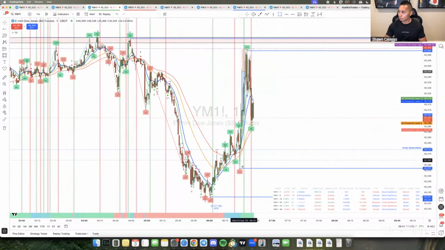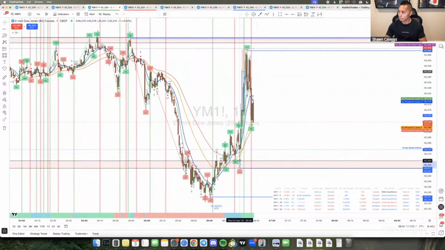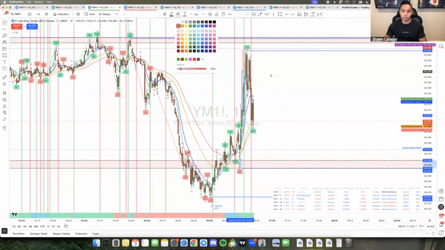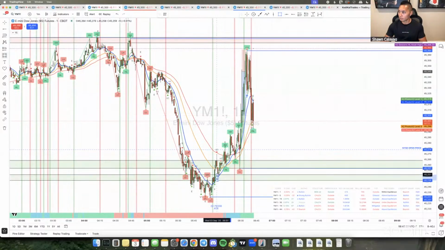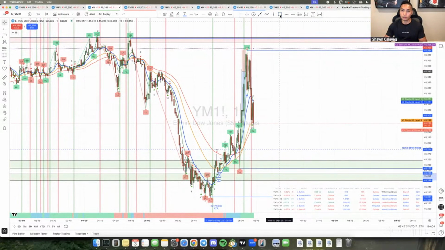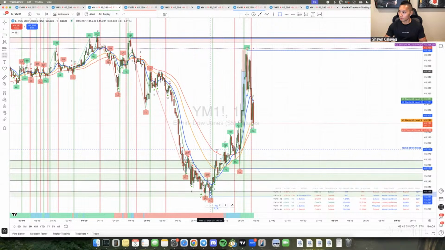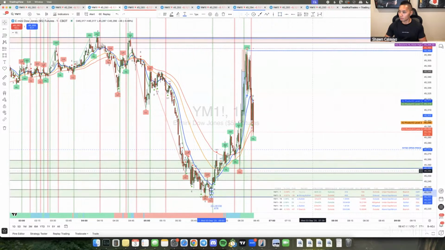We have some support which is down here. We got some more support which is right there. And then we got some more support which is down here.